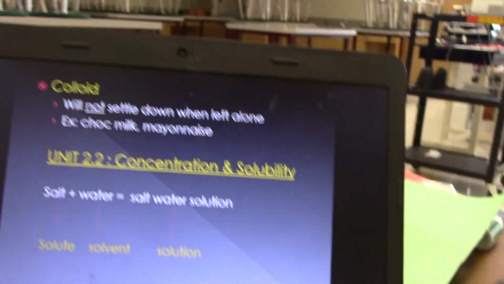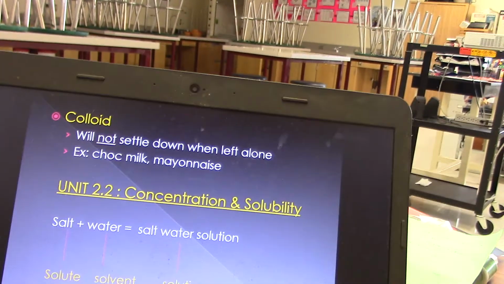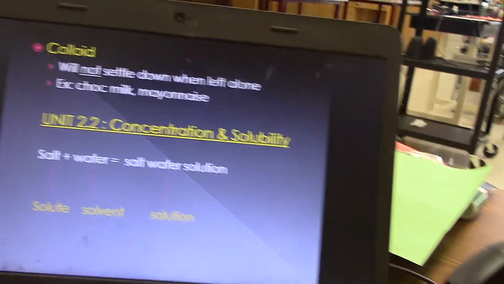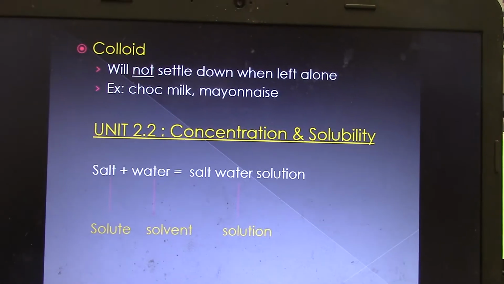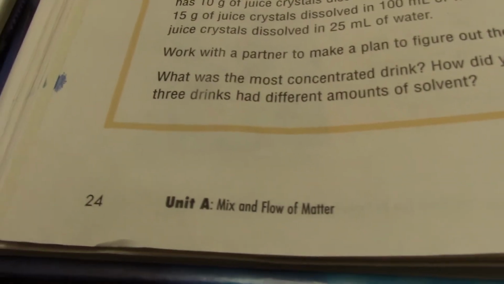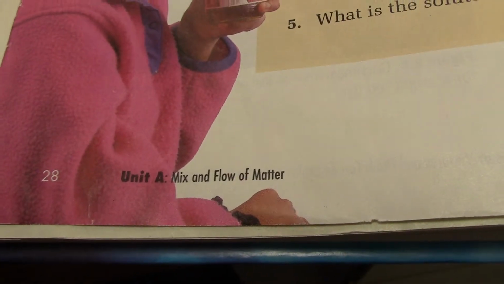We'll also try to do a lab where we make slime. Section 2.2 looks at concentration and solubility, and that'll be the last part of this lecture. This is page 24 through 28.